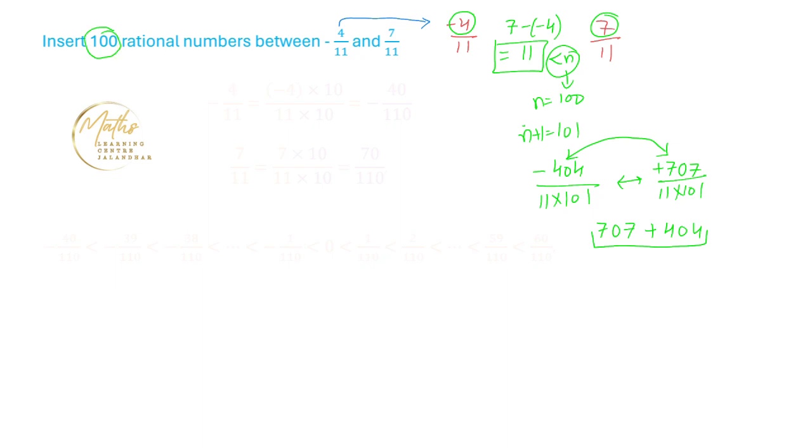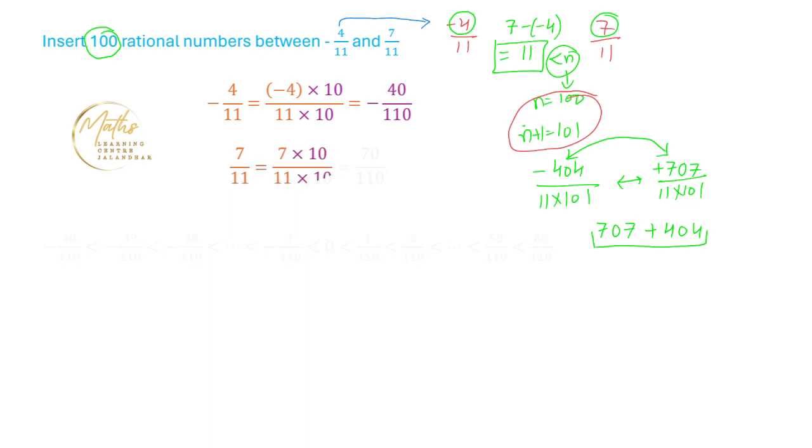So in place of multiplying the numerator and denominator with 101, suppose we multiply the numerator and denominator with 10. The number we have is minus 4 by 11. When we multiply the numerator and denominator with 10, the number we have is minus 40 by 110. The second number we have is 7 by 11.